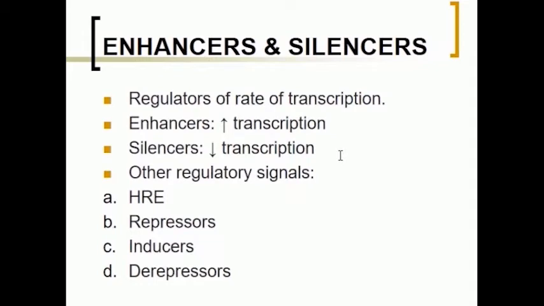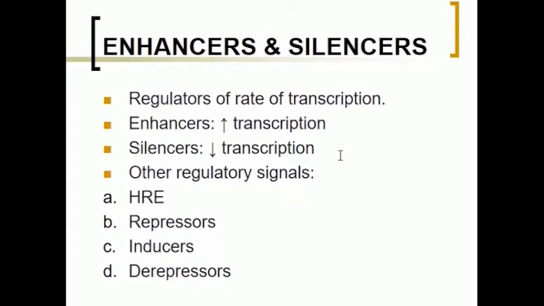Let me take glucocorticoid as an example. Glucocorticoid has a receptor in the cytoplasm. Because glucocorticoid is lipid in nature, it can pass directly through the cell membrane and go to the cytoplasm, where it binds to its receptor. This glucocorticoid-bound receptor enters the nucleus, and there it binds to the hormone responsive element.